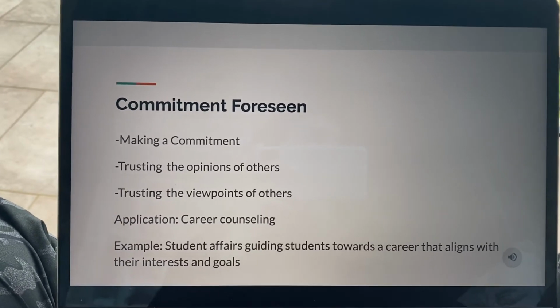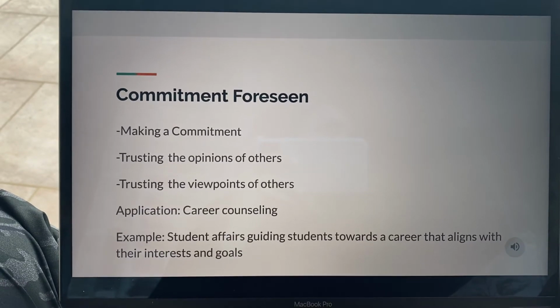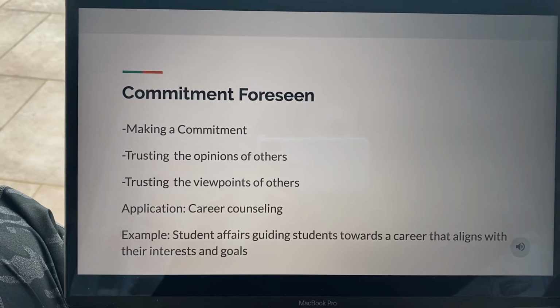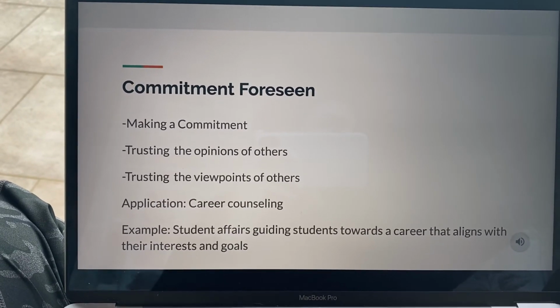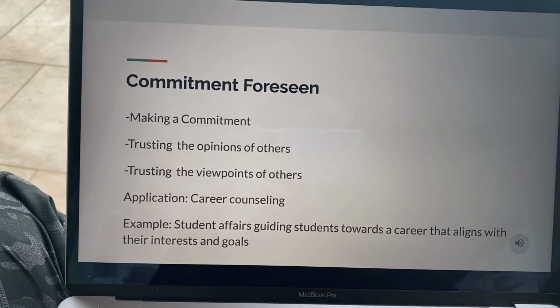You must have trust between the faculty member and the student, whether it's coming up with a resume, a cover letter, or being taught basic interview skills that will help them with the future career they choose to apply to.